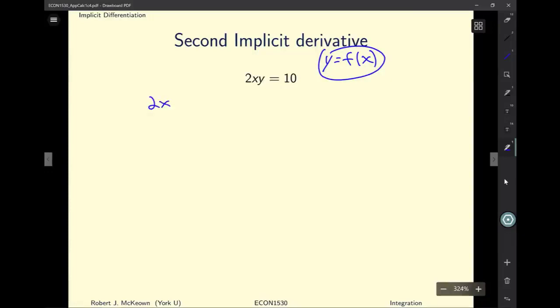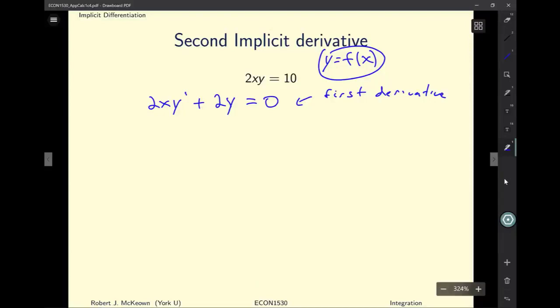Now we're going to have 2x y prime plus 2y is equal to 0. And that's our first derivative.